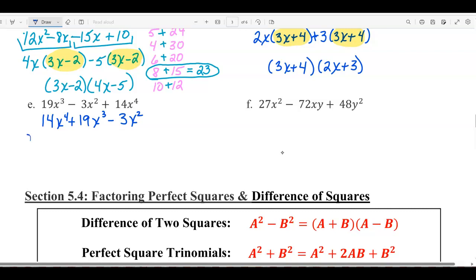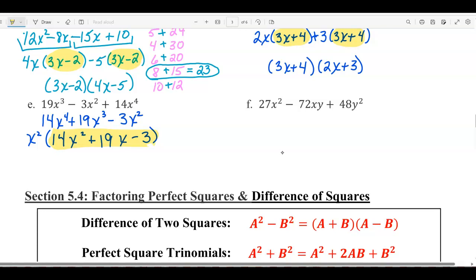I see I can factor an x squared out of everything. So now I have that trinomial format that I can work my technique with.